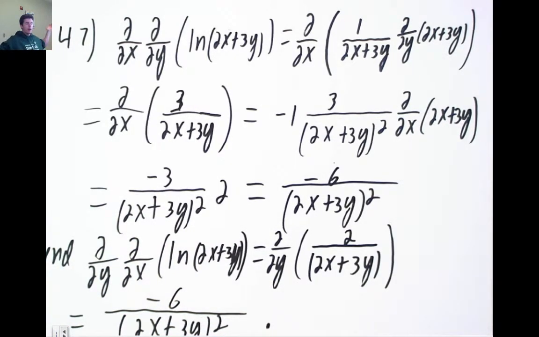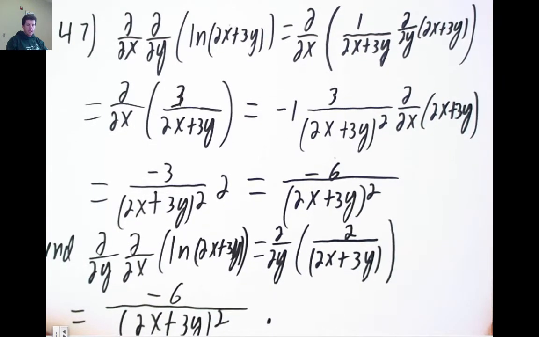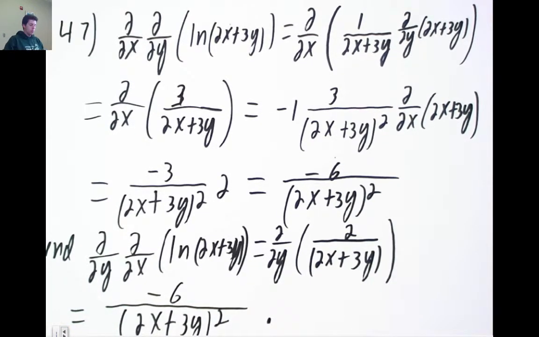By the way, once you've practiced a lot for the sake of this class, some years later you will forget how to be really smooth and do a whole bunch of steps in your head. You should have also in your background the experience of writing things out slowly and carefully, like I did in this first calculation.